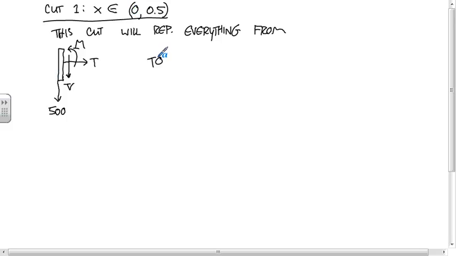What if it was at the big end of the range? Then we'd go still from the same point with this downward 500 Newton force. But now the distance from here to here is going to be 0.4999.